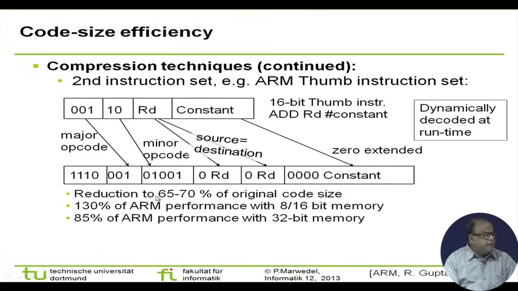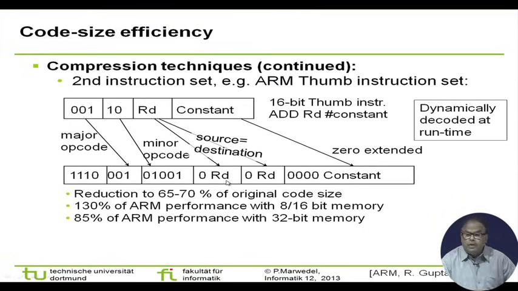In actual practice, it has been found that we can have around 65 to 70% of original code size, okay. Now, another point is ARM performance with 8 to 16-bit memory, if I consider smaller memory, is around 130%, it goes up, whereas with 32-bit larger memory it is less.